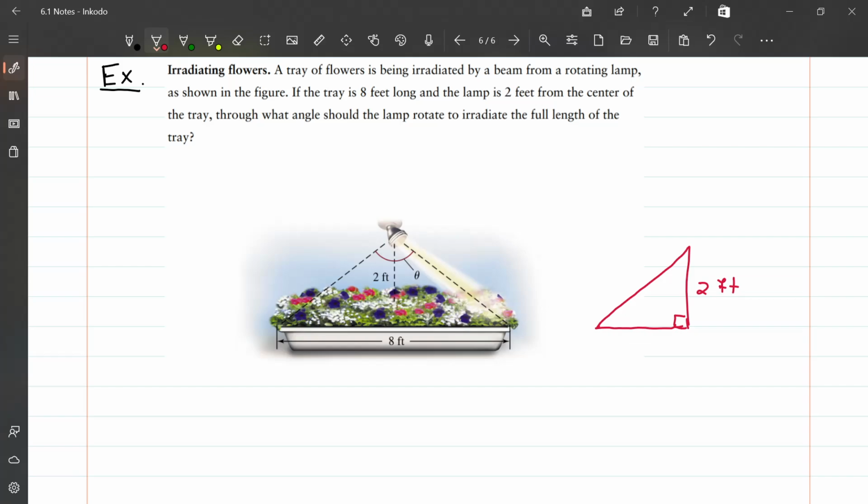We were already given that. Because we know that the lamp is positioned exactly over the midpoint of the tray, it must be that from one end, the left end, to the middle, where we've ended our right triangle, is half of 8 feet, which would make it 4 feet.